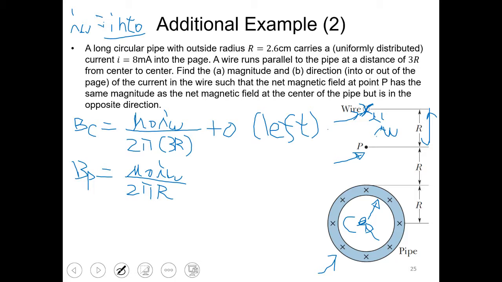And for the pipe, we can know that it is actually mu_0 I over 2 pi times 2R.